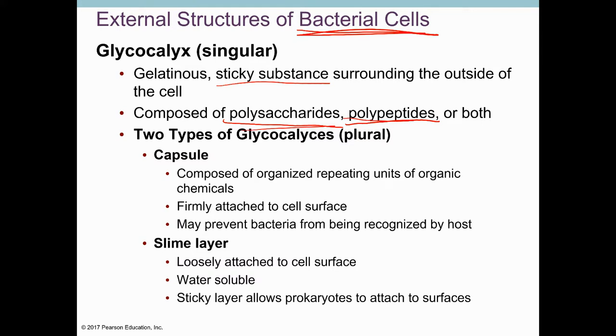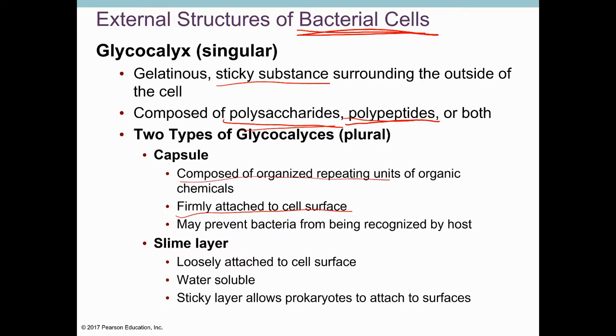So it's a gelatinous, kind of like gelatin, sticky substance that is outside the cell wall, creating a layer on top of the cell wall. And there are two types of glycocalyces, which is the plural of glycocalyx. The capsule is a little more structured and close to the surface of the cell. So we say more firmly attached to the surface, a little bit more organized.